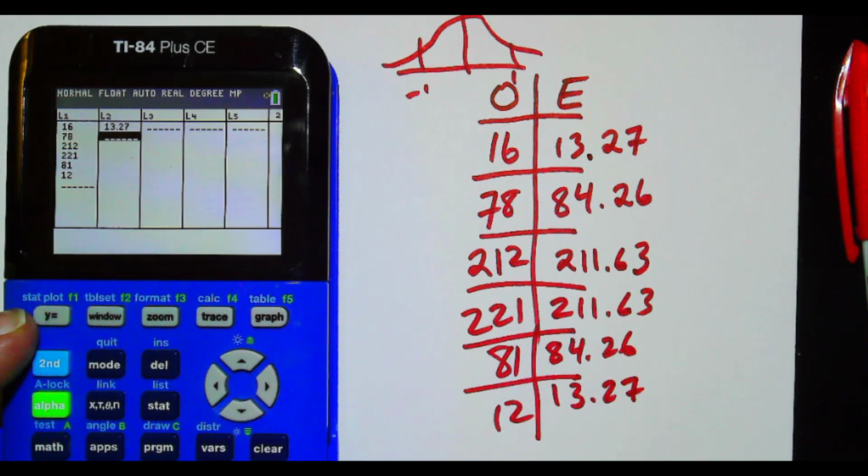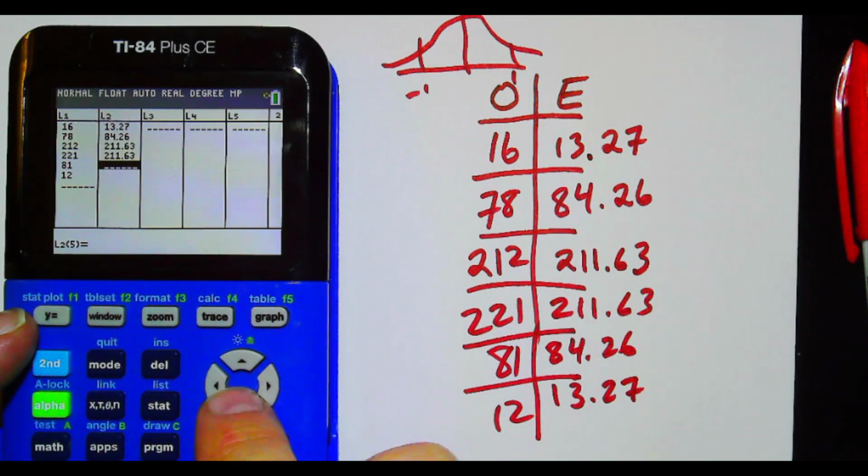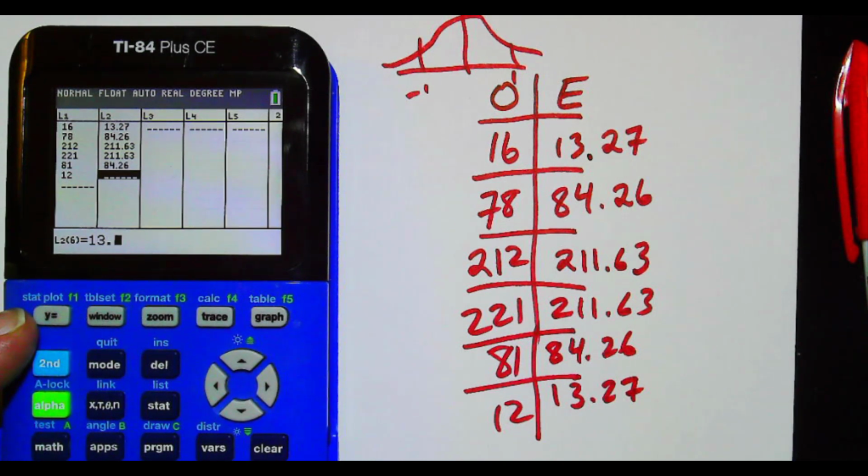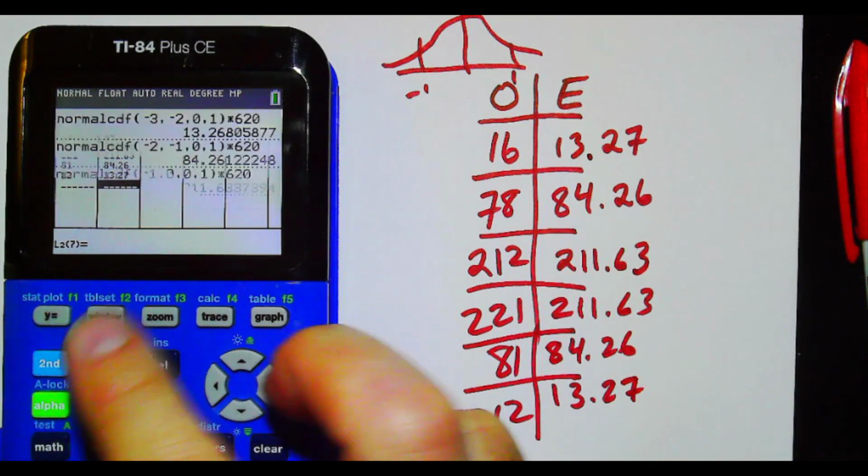Then 13.27, 84.26, 211.63, 211.63, 84.26, and 13.27. Second, quit.